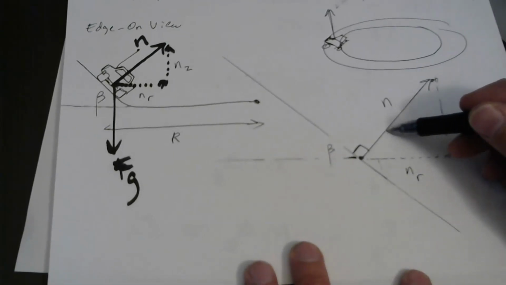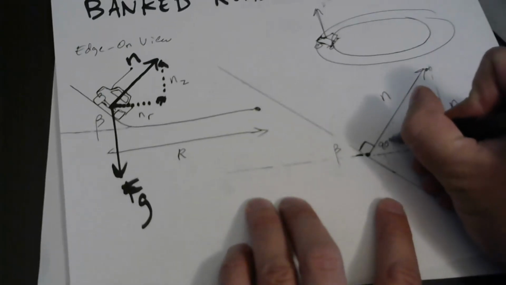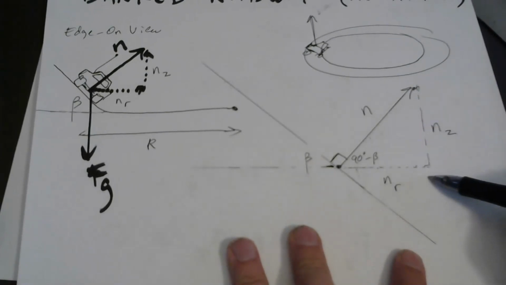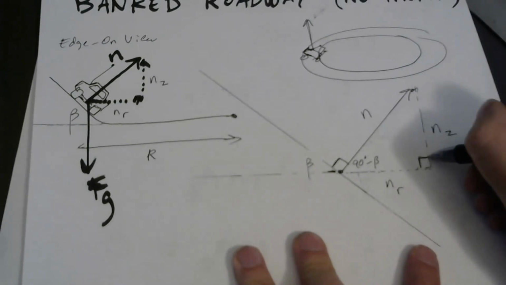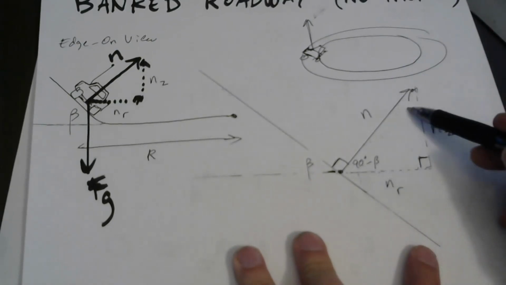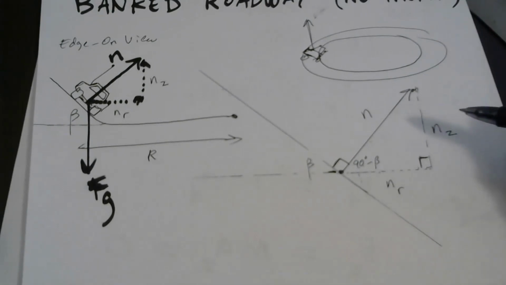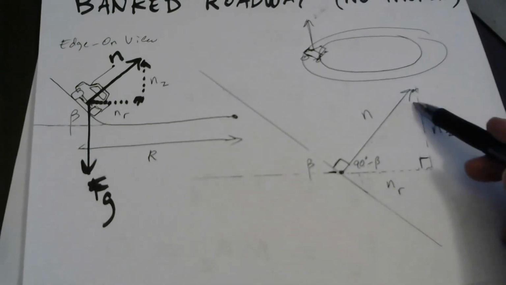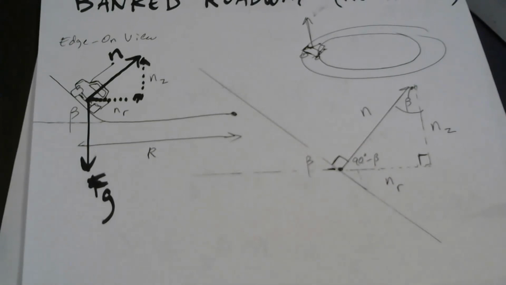This angle is 90 degrees minus beta. So I could label that 90 minus beta, but check it out. Look at this right triangle now. What do the angles in a triangle add up to? 180. We've already used up 90 for the right triangle. So these two angles, the non-right angles in a right triangle, must add up to 90 degrees. So if this is 90 minus beta, this has to be beta. That's one way of thinking about it.